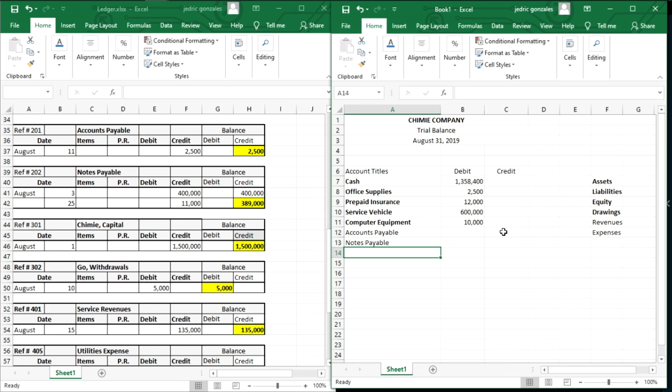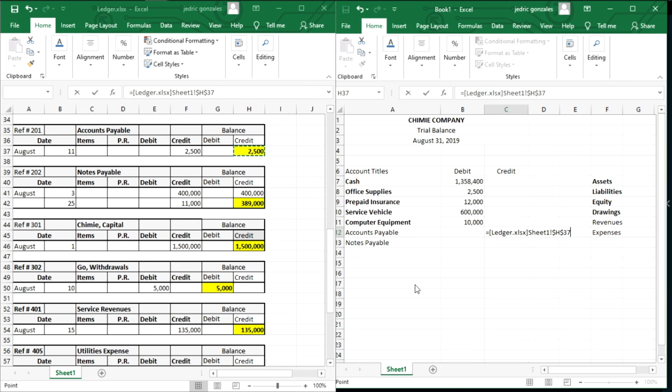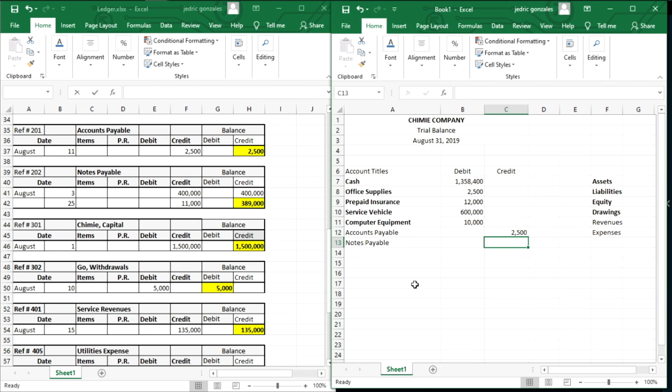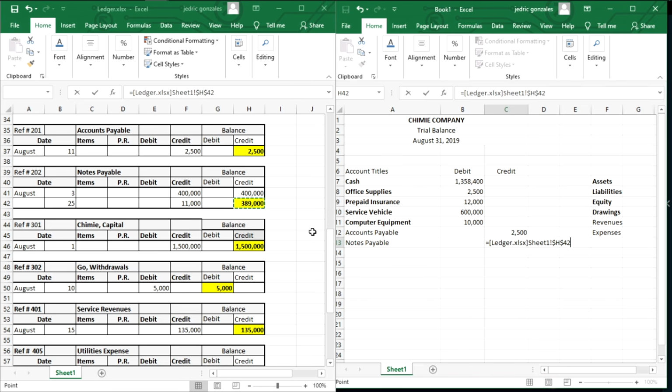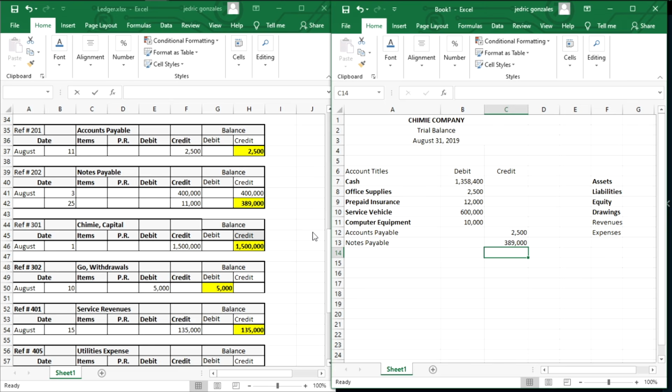So, let's just transfer the account balances to the credit. So, kung mapapansin nyo rin naman dito, yung pinaka-ending balance niya ay nasa credit. So, 2,500 for the accounts payable and then 389,000 naman for the notes payable.